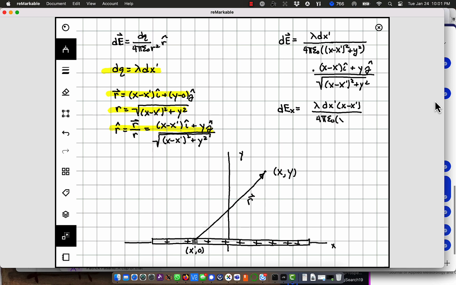And then you'll notice we gathered together those denominator terms to make this x minus x prime squared plus y squared to the 3/2. And that 3/2 is going to be super common. We're going to see that a lot.